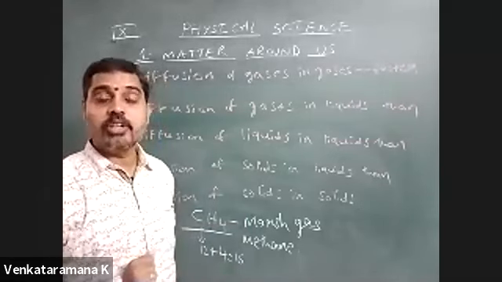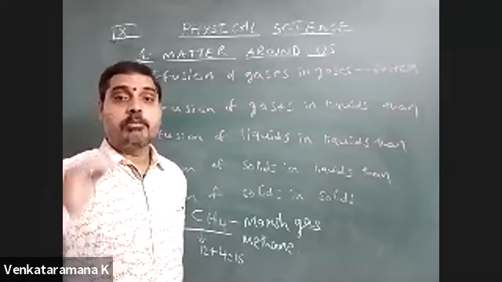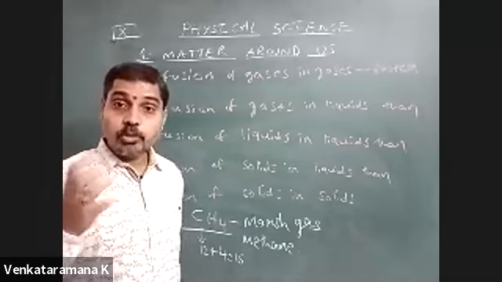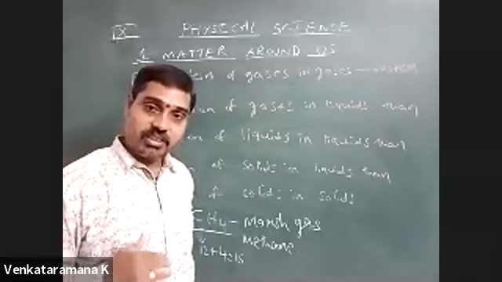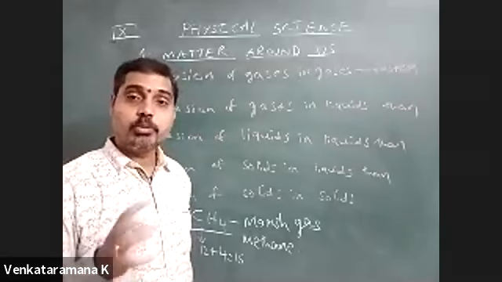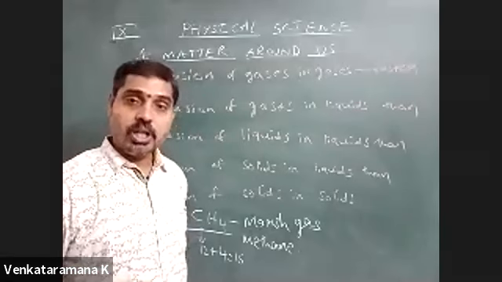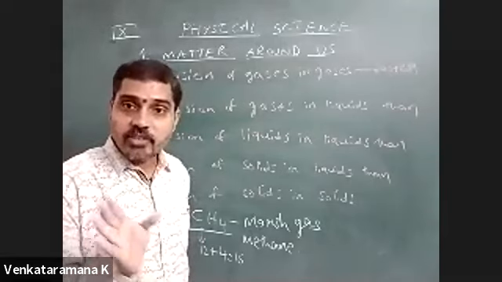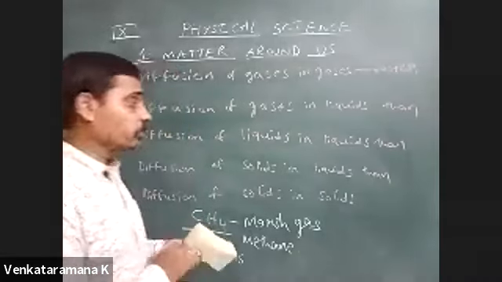Graham's law of diffusion. What this law tells is that any gas whose molecular weight, whose density is less, will diffuse faster compared to a gas whose molecular weight or density is more. That means the rate of diffusion of gases is inversely proportional.